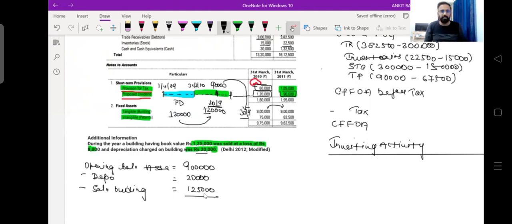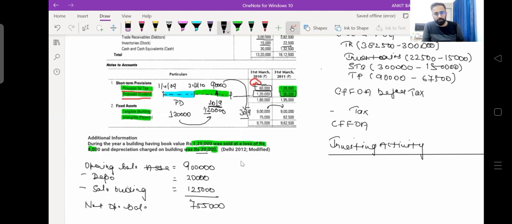So we reduce it from the opening balance and find the net opening balance. It will be 9 lakh minus 1,25,000 and minus 20,000. So here the balance is 7,55,000, right?